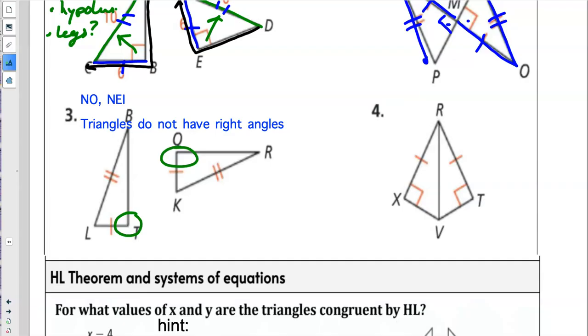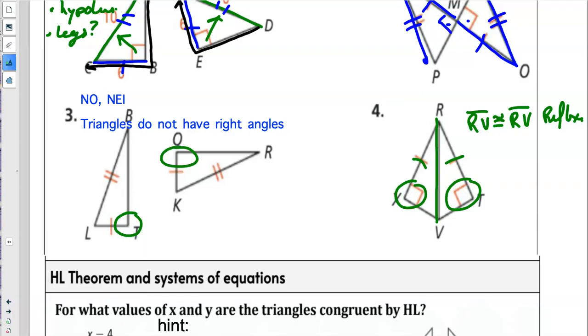In problem 4, step 1, right angles, check. Step 2, hypotenuses. Hey, I totally can show that RV is congruent to RV because of reflexive. Okay. Step 3, do I have legs that correspond? I sure do.